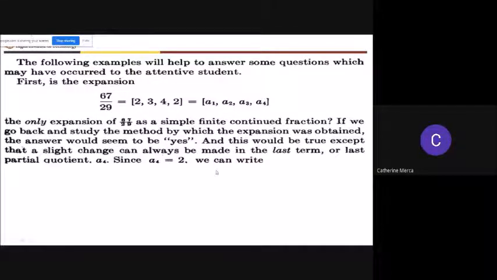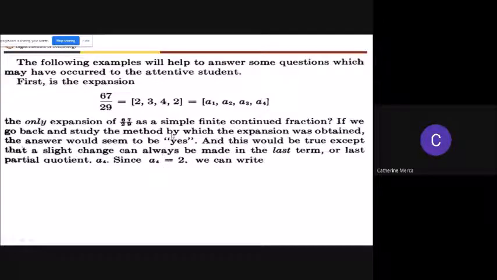If you go back to the method by which the expansion was obtained, the answer would seem to be yes. This would be true except that a slight change can always be made in the last term. So it's okay, but you can actually consider the last term, or last partial quotient.